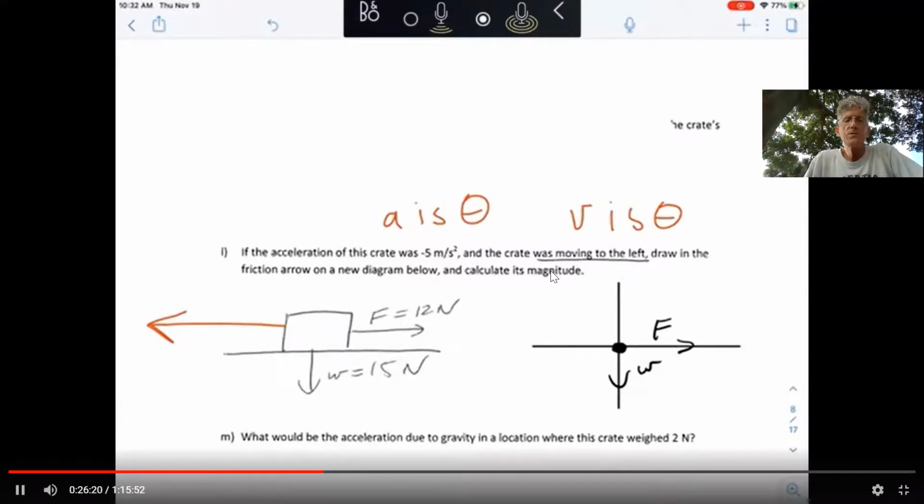Okay, so the acceleration is negative. It's moving to the left. So I put in those little arrows wrong.